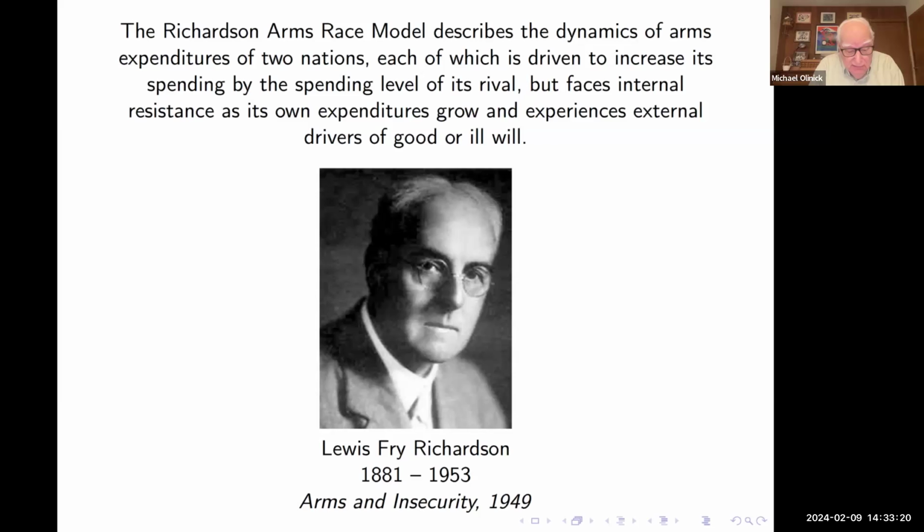Each one is fundamentally driven to increase its arms by fear of what the potential opponent is doing, but also has internal resistance to artificially high levels of arms expenditures. And Richardson also noted that there can be factors that are independent of the level of arms, which actually contribute to whether those expenditures are increasing or decreasing.